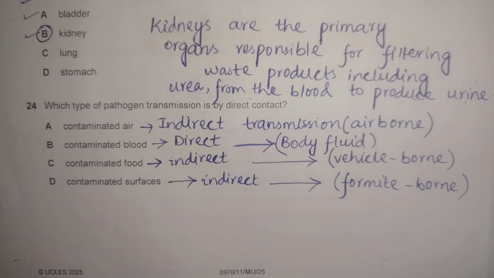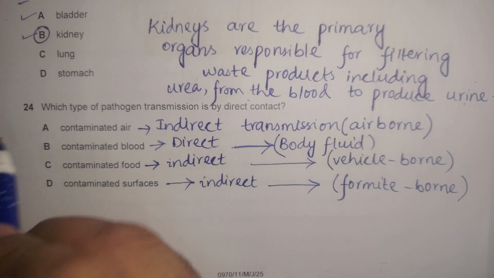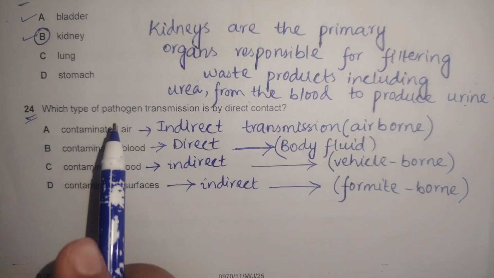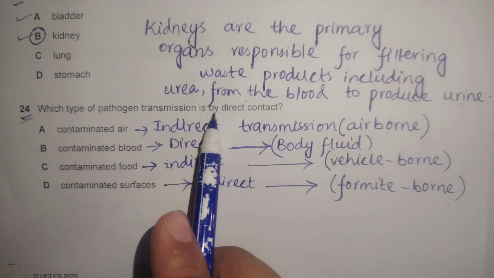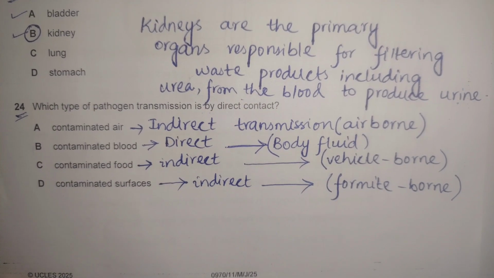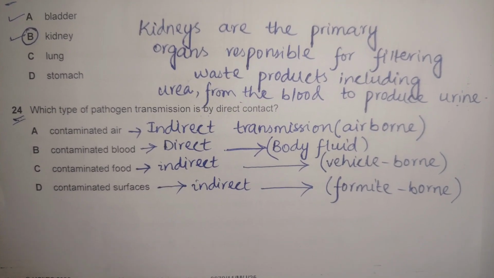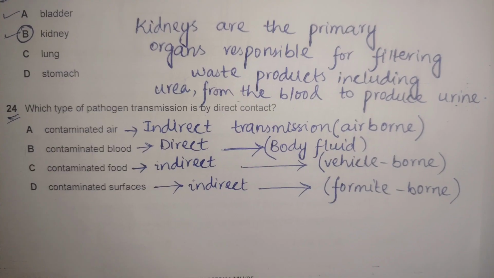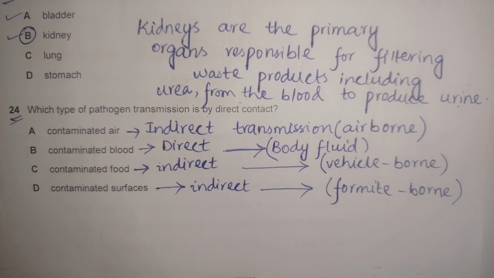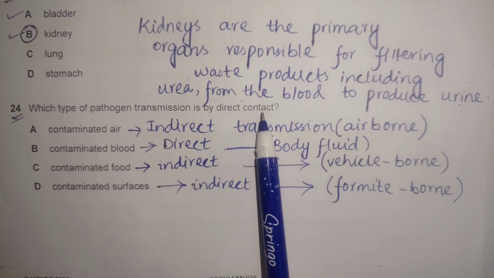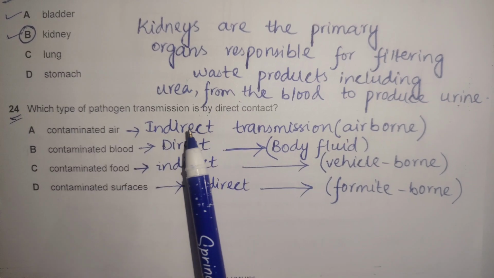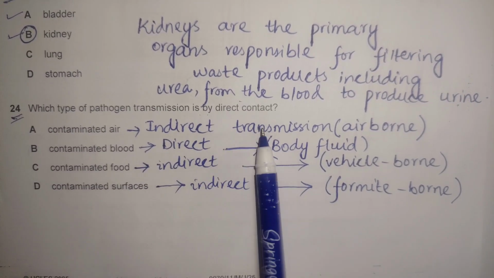We have the next question, question number 24. Which type of pathogen transmission is by direct contact? It's a very easy question, but students at times don't understand what is direct contact or indirect contact transmission.